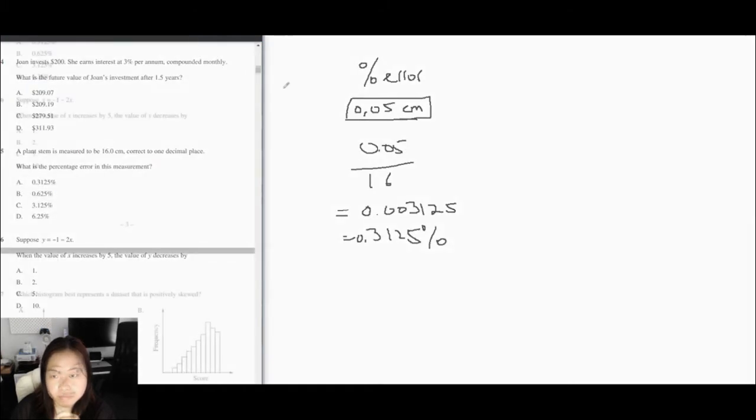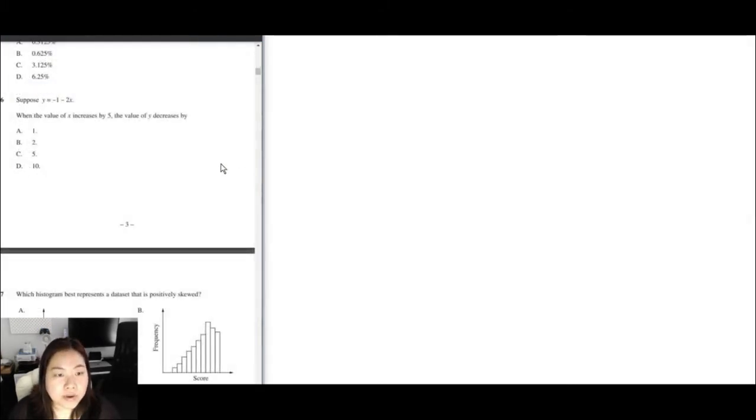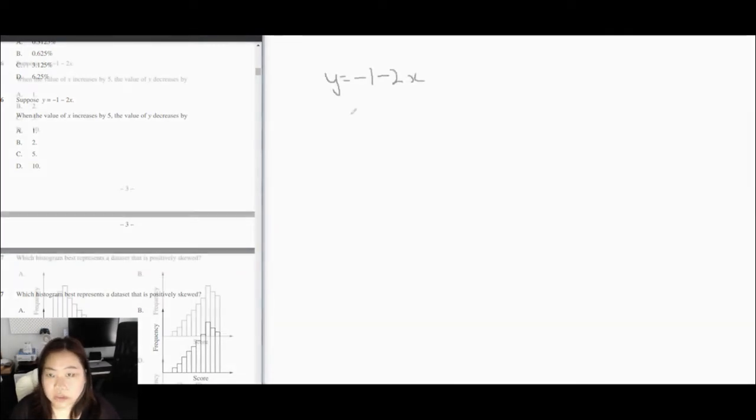Yay! Question 6. Suppose y is -1 minus 2x. When the value of x increases by 5, the value of y increases by how much?